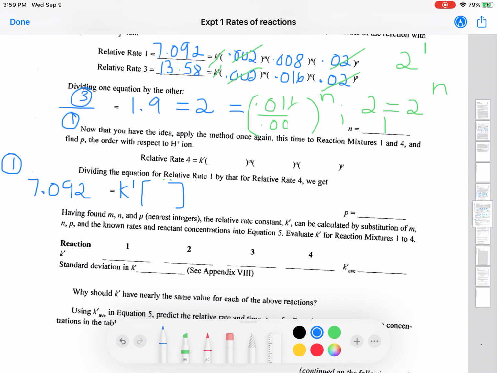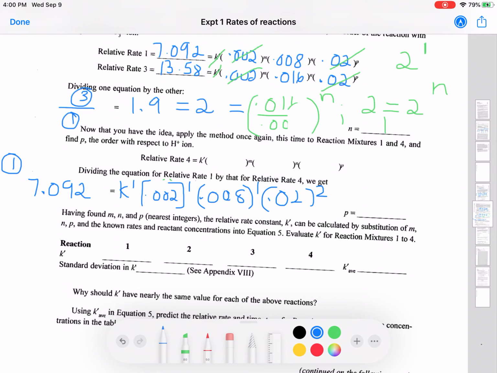For the first one, iodide concentration is 0.002, and you found the order, which is 1. And then the bromate concentration is 0.008. See, I made a mistake. You didn't even tell me. So that's supposed to be 0.008. And then the order we found is 1. And for the H plus, that's 0.02, and the order is 2. Now we know everything except K prime.